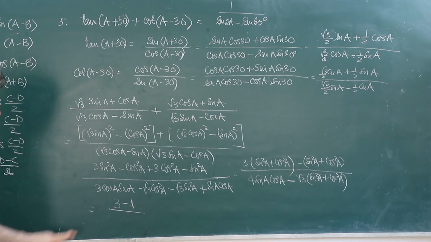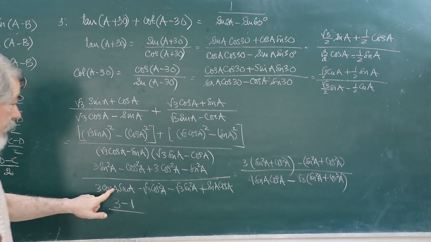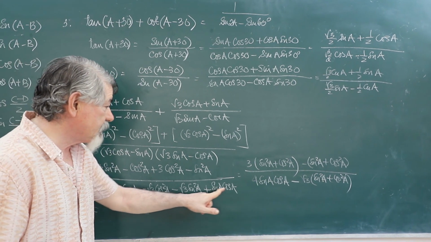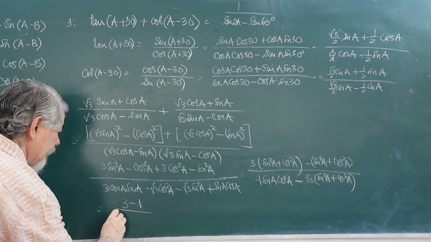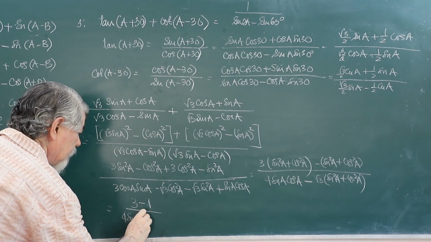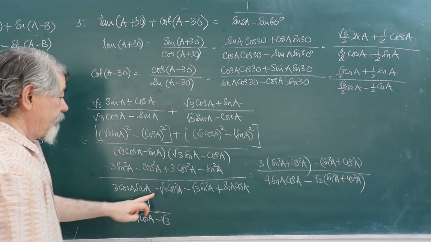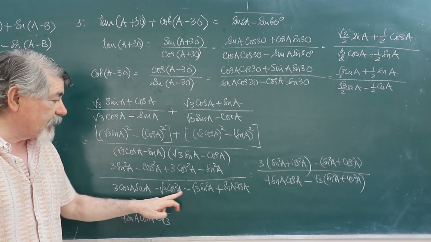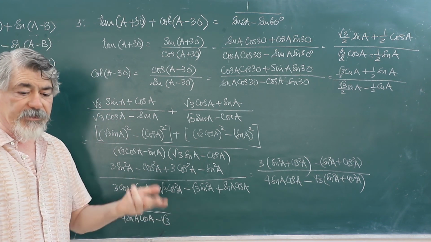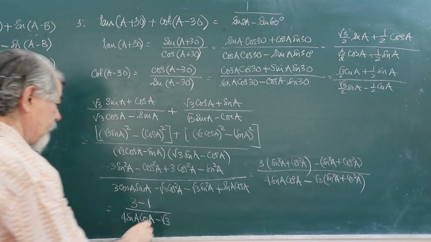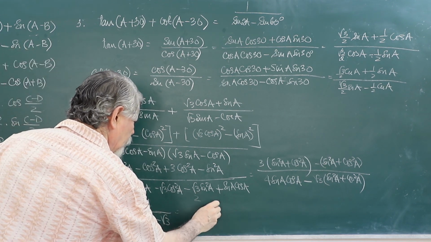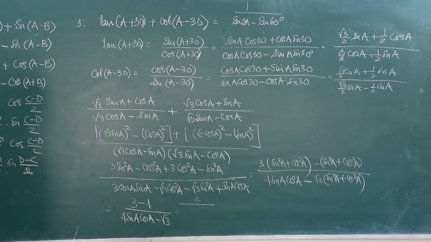And here 3 cos a sin a plus sin a cos a will become 4 sin a cos a, minus root 3. Why? When I take minus root 3 common, it will become cos square a plus sin square a, which will be equal to 1. The numerator comes out to be 2, and this comes out to be 2.